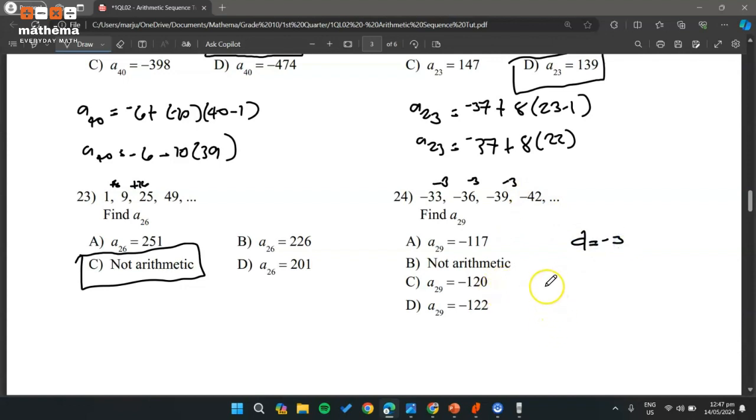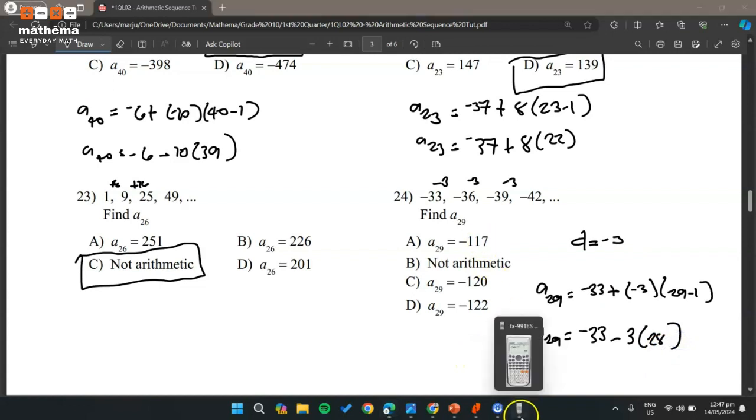So we will say a sub 29 is equal to negative 33 plus negative 3 times 29 minus 1. This is plus, so this becomes negative 3 times 28.